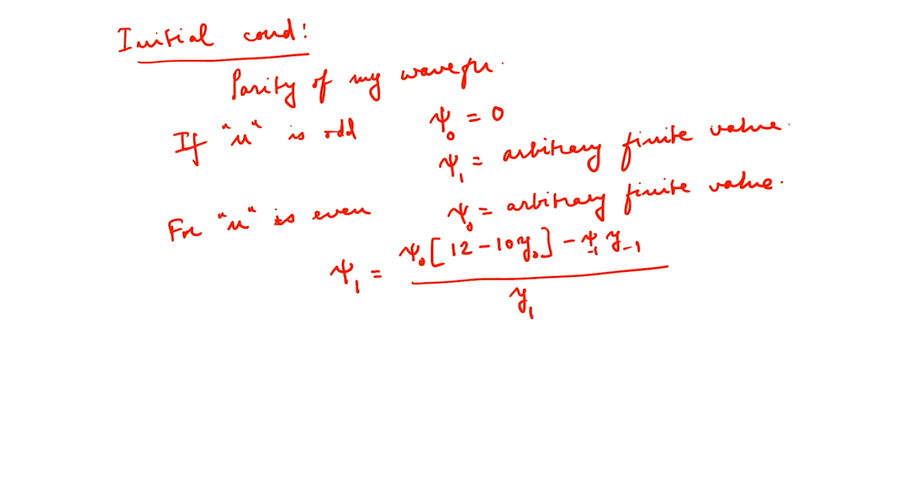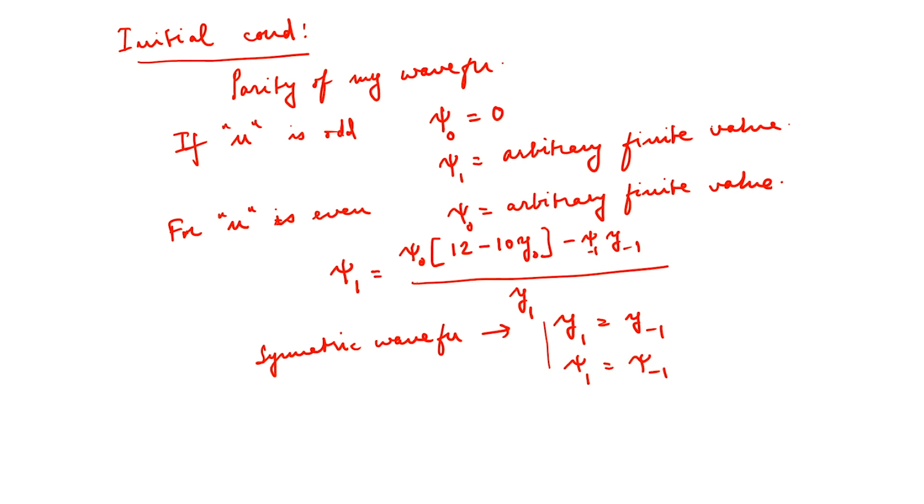Now, we know that for even values of n, my wave function is symmetric. So, for a symmetric wave function, y at 1 is equal to y at minus 1 and psi at 1 equals psi at minus 1.